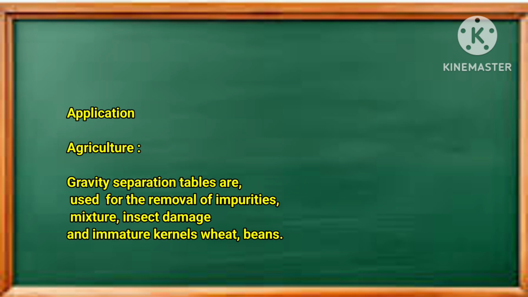The application of this gravity separation method is basically in the agriculture field. Gravity separation tables are used for removal of impurities, mixture, insect damage, and immature kernels, wheat, and beans. So this is a very important method, and it gives many advantages in the agriculture field.